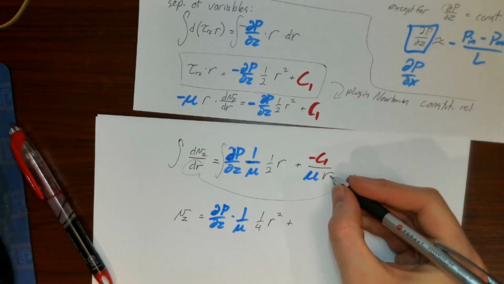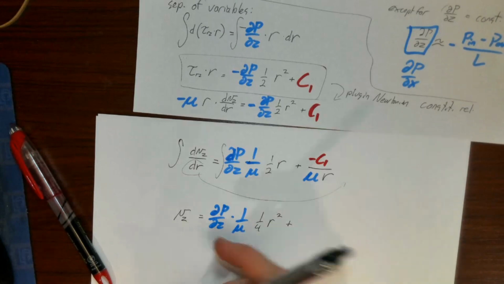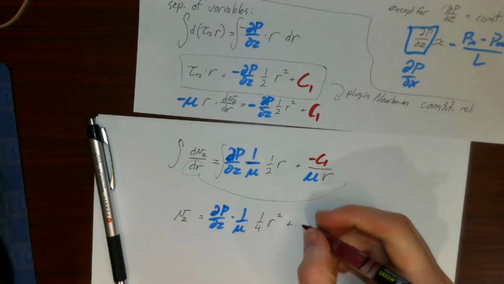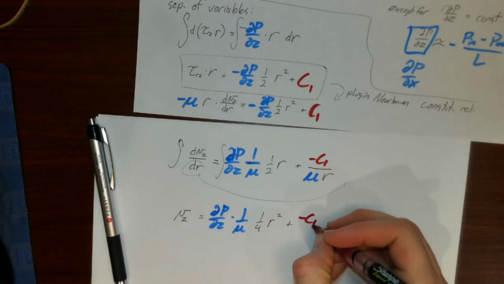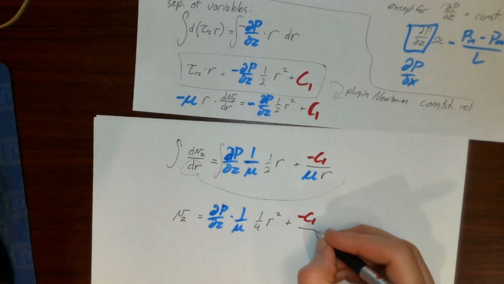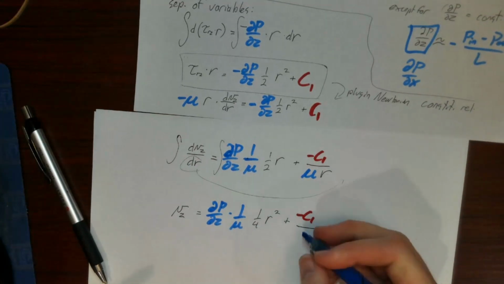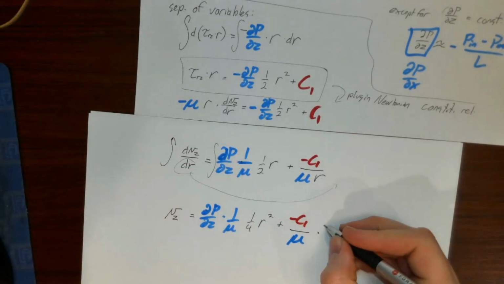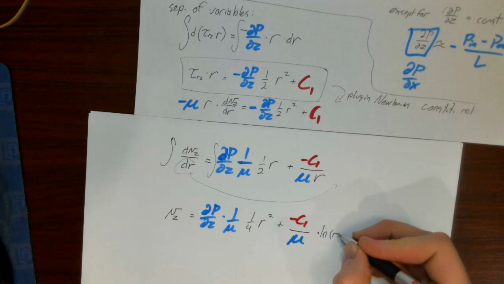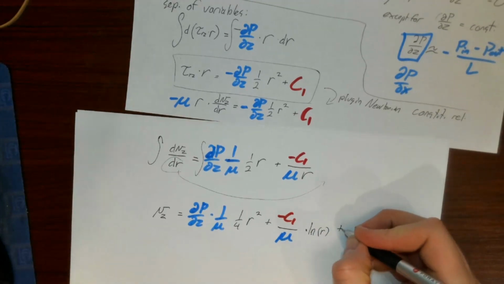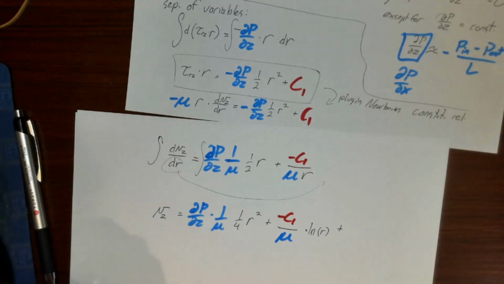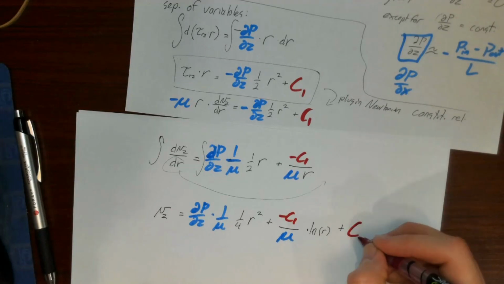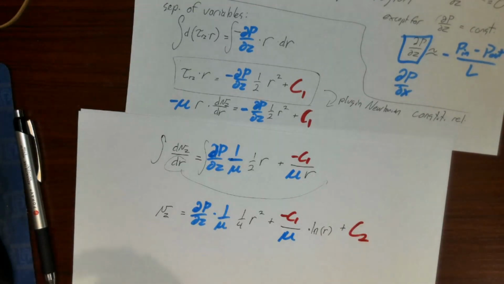If I integrate 1 over r, then I get natural log of r. So now I have minus C1 over mu times natural log of r. And when I integrate, I now get plus another constant. That's going to give us an additional as of yet unknown constant of integration here.